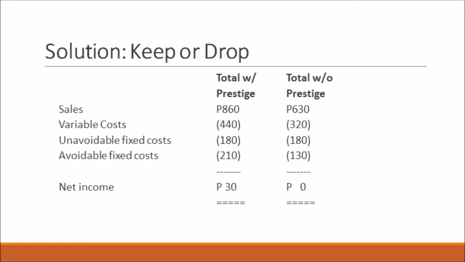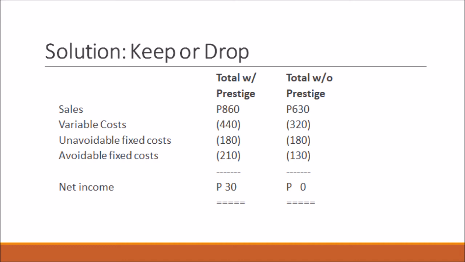Now why do we deduct the Prestige? Because we consider dropping it already, and so in the sales we deduct the sales of the Prestige, because if we drop the Prestige we will also lose the sales as well as the variable costs, or the variable savings, but the unavoidable fixed cost will still remain the same because it is an irrelevant cost. Whether we keep or drop the Prestige, we will still incur the fixed cost.